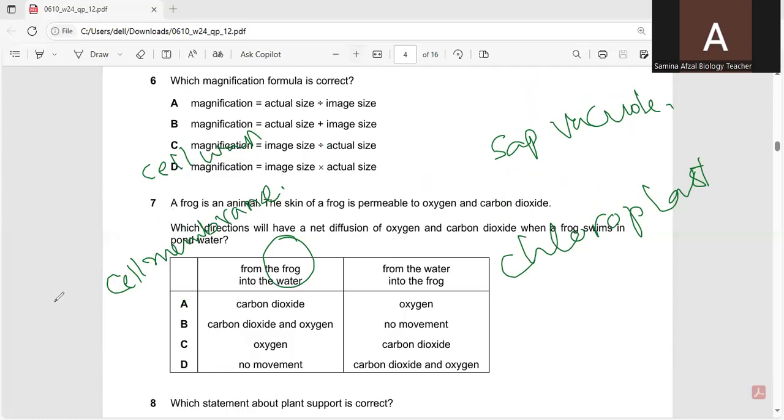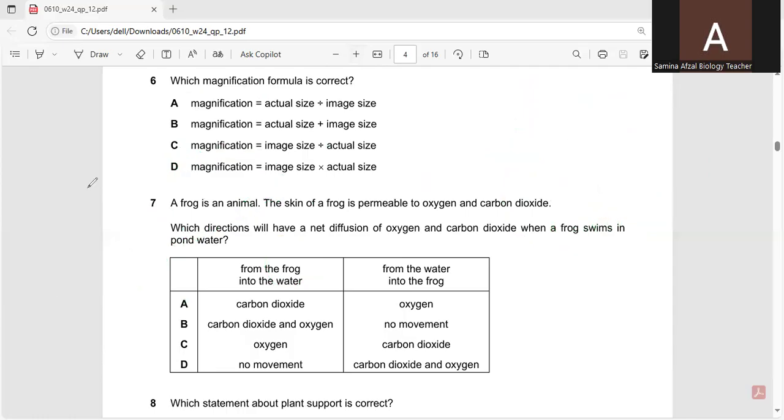Now question number 6. Which magnification formula is correct? The formula of magnification is magnification equal to image size divided by actual size.